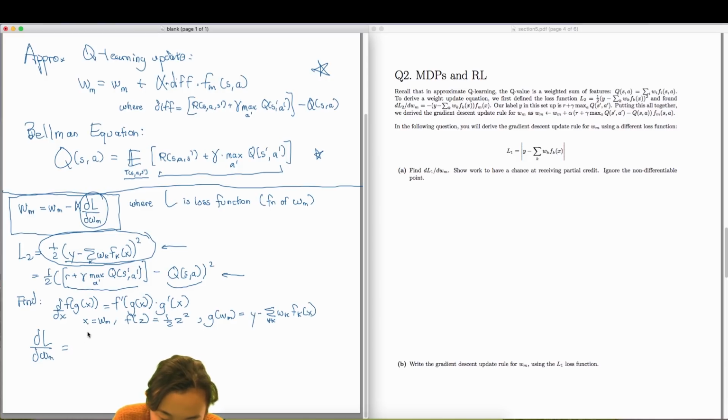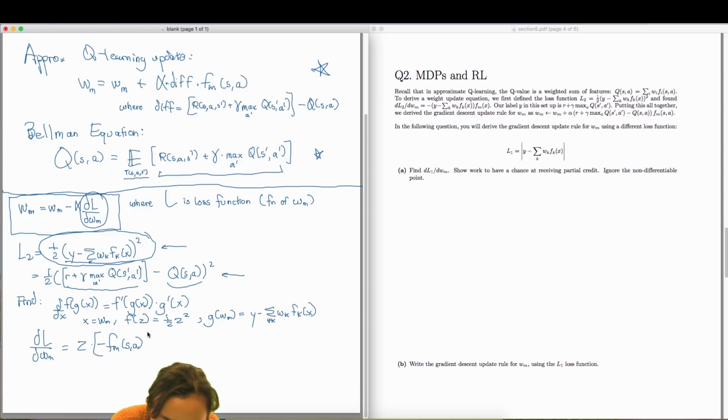What we need to do is take the derivative of f with respect to its variable, and that's just going to be, bring down the 2, just z, times the derivative of g with respect to its variable, which is going to be minus fm of x, but technically the state action tuple.